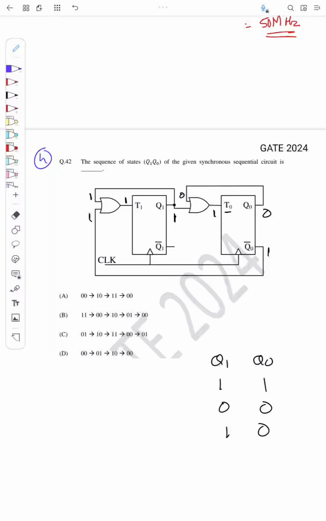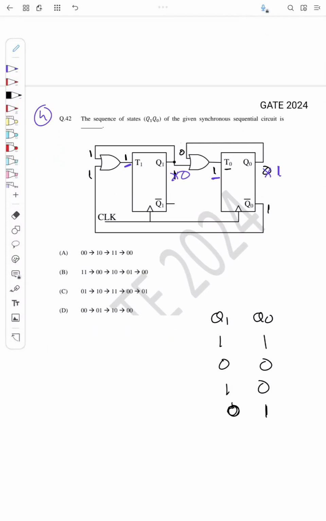Since the input of the second flip-flop is 1, the output of this flip-flop will toggle. It will change from 0 to 1 now. Also the input here is 1, so the output of the first flip-flop will toggle, it will change to 0. So the next output is Q1 will be 0, Q0 will be 1.